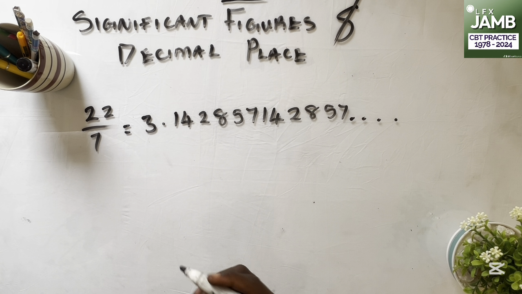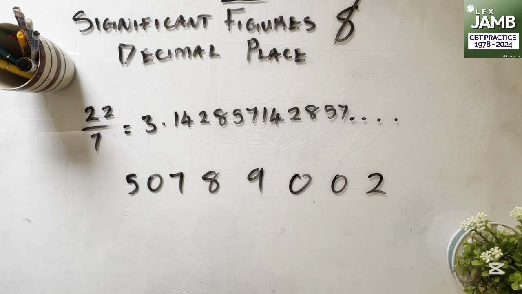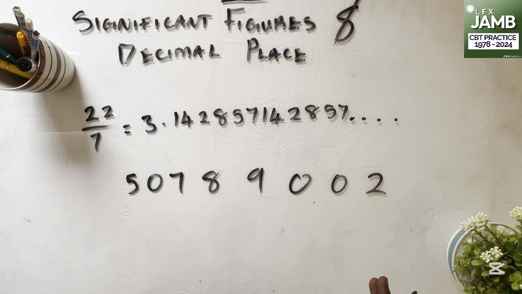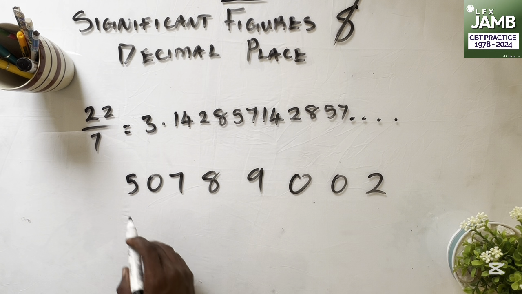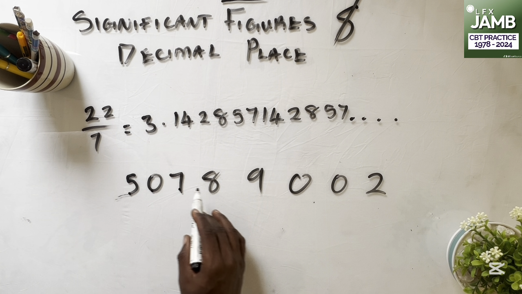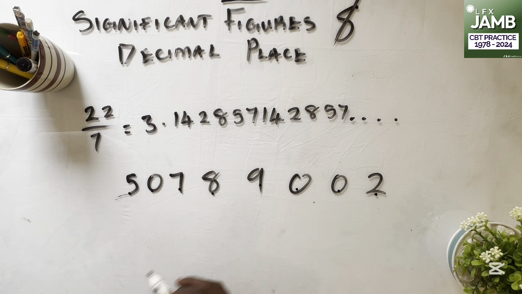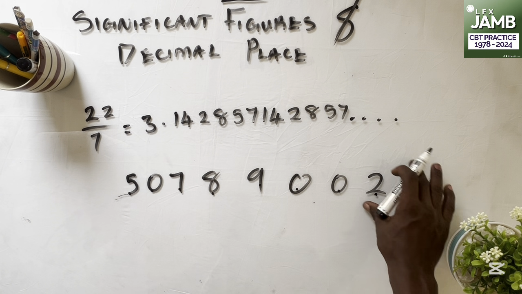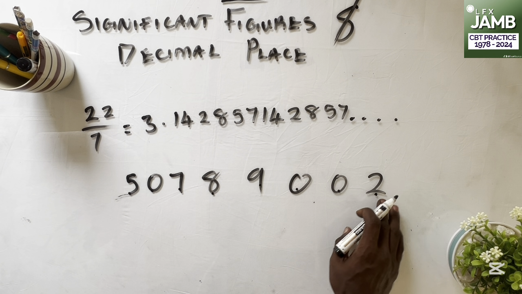For instance, if you are given a number and asked how many significant figures it has, we count from the left, remember, and we start from non-zero digits. Is this a non-zero digit? Yes. So we count our significant figures from here. That will be 1, 2, 3, 4, 5, 6, 7, 8. You say this is 8 significant figures. This value is written in 8 significant figures.